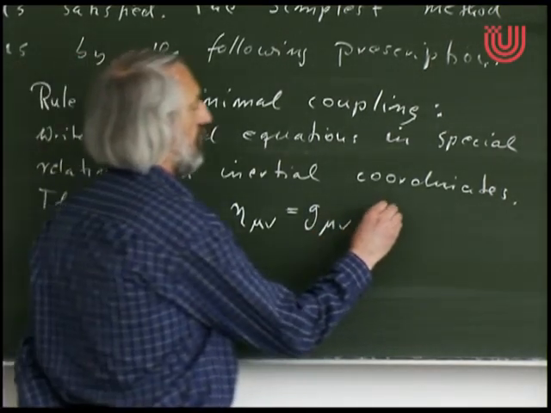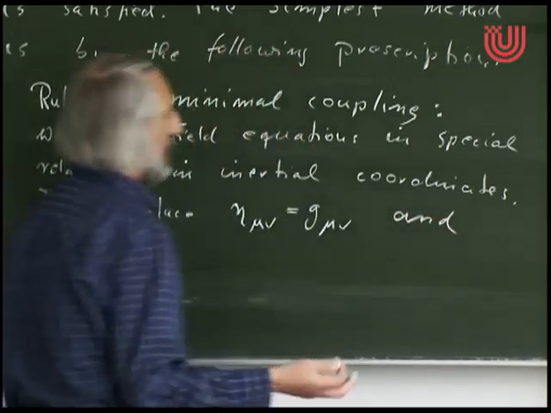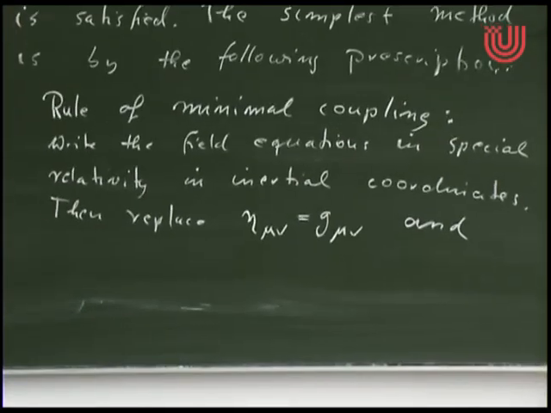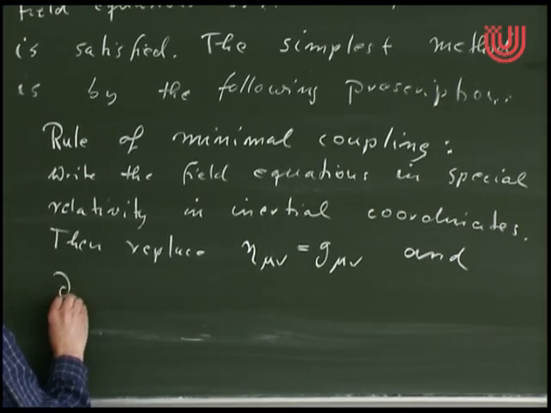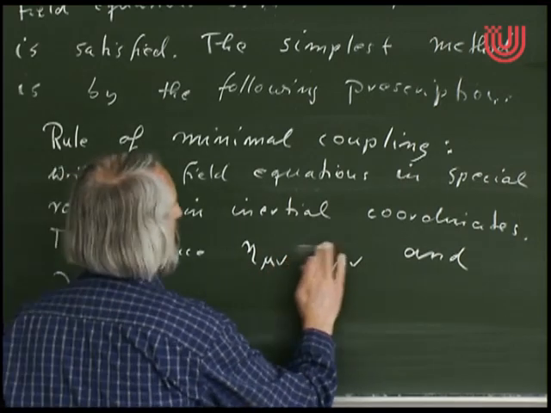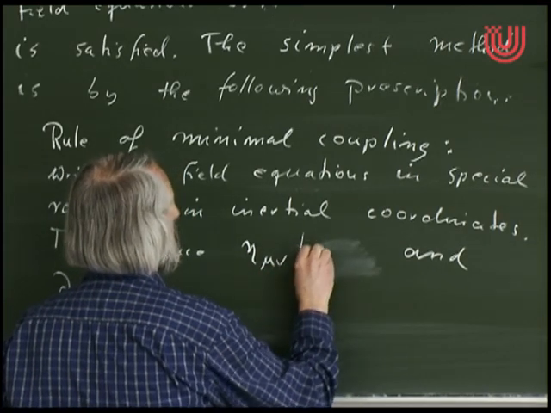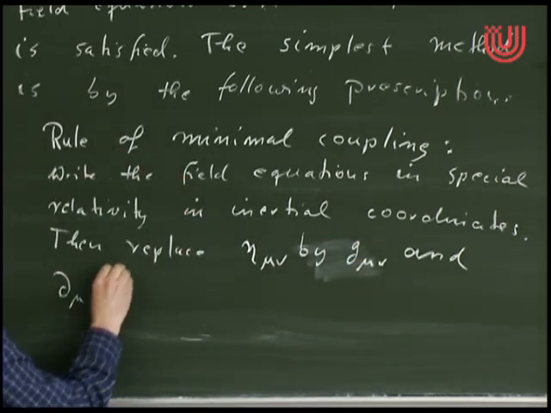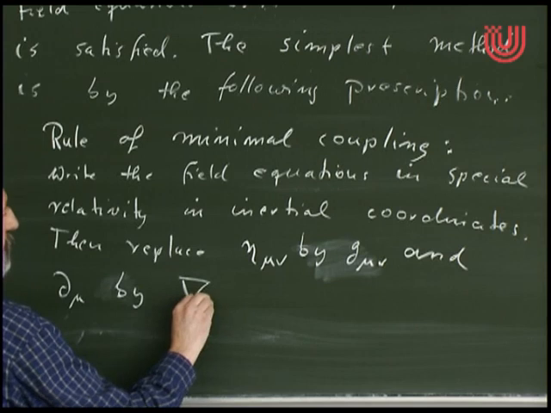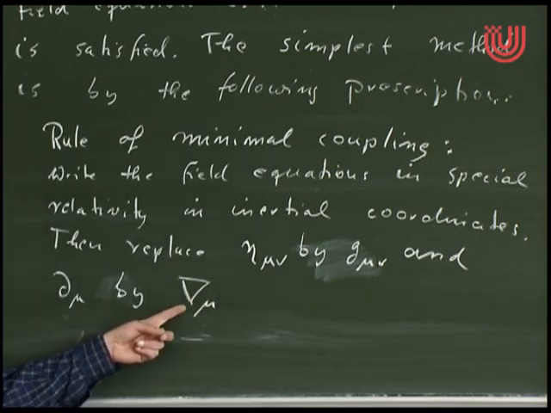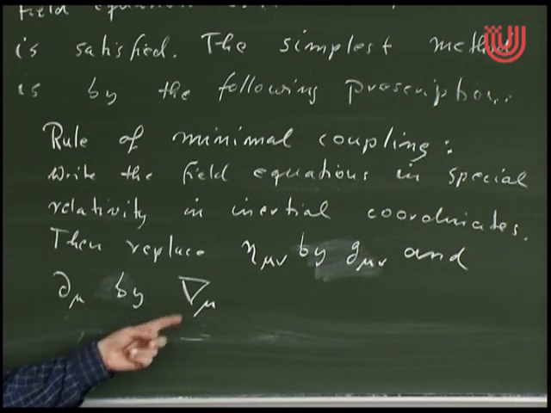And we have partial derivatives. Of course, Maxwell's equation involves partial derivatives. The Euler equation involves partial derivatives. So you replace the partial derivatives. That's not an equality. Replace eta by g mu nu, and replace the partial derivatives by covariant derivatives. And our convention was this means the Levi-Civita connection of the metric.